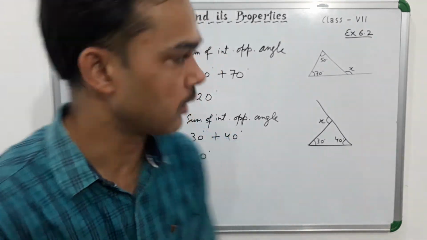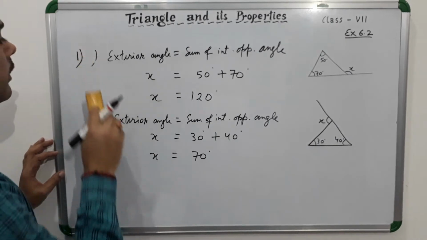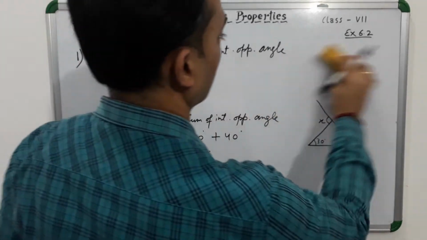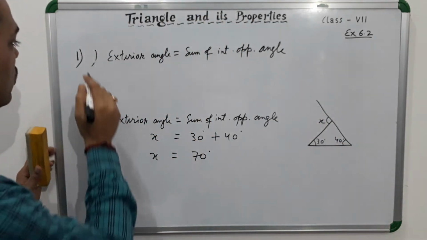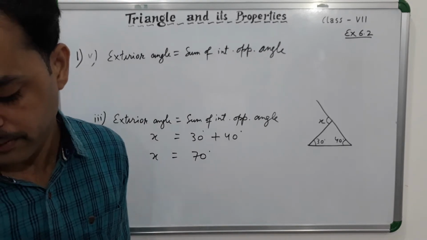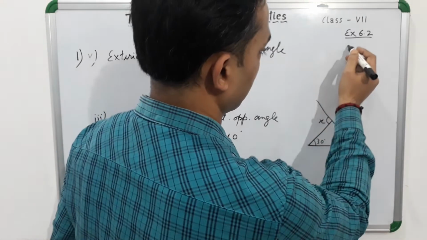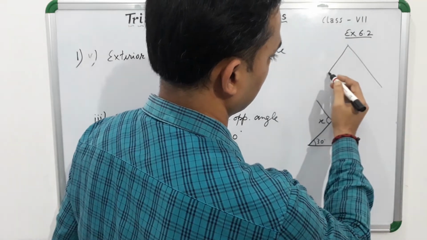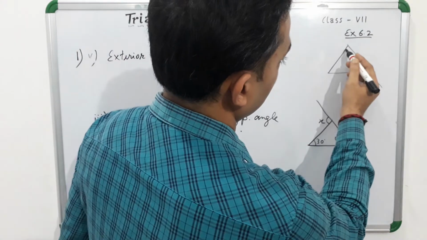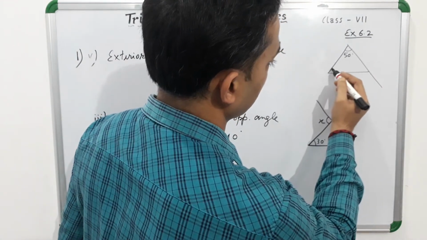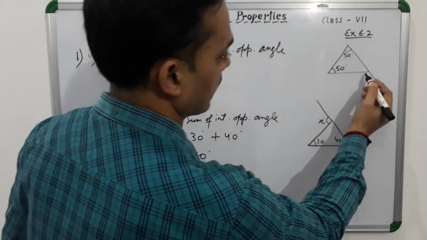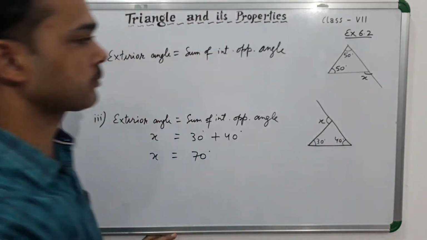Now let us do the fifth part. Meanwhile you copy this, I am drawing the figure. In the fifth part, the figure is like this, where this is 50 degree, this also is 50 degree, and the exterior angle is x.